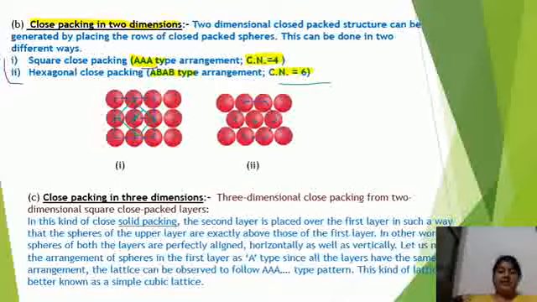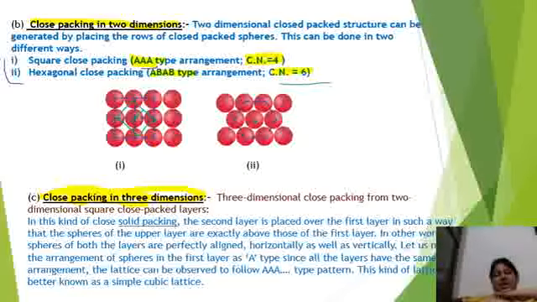The next close packing is close packing in 3 dimensions. इसमें डिफरेंट टाइप्स आते हैं. नंबर 1, 3 डायमेंशन क्लोज पैकिंग फ्रॉम 2 डायमेंशन. इसकी तरह से, means similarly one by one, ABA, the layers will be just put horizontally or vertically, one by one, one by one.